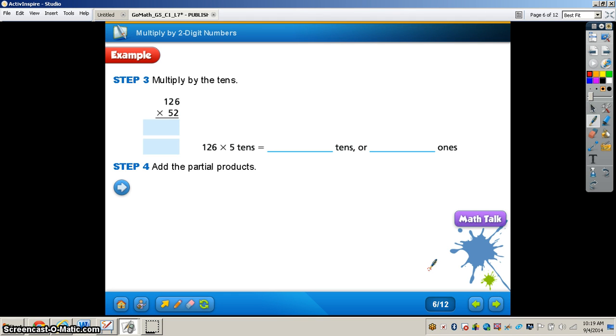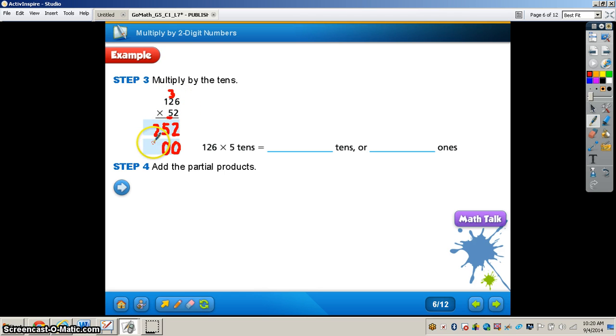Now what we need to do is multiply by the tens. So we already have 252 from our ones. Now we need to multiply by the tens. We're going to put a 0 down here before we start multiplying. Why are we doing that? Because that 5 is actually not a 5, that's actually a 50. So the 5, we're going to multiply that. 5 times 6 gives me 30. Put a 0 in the ones place, carry the 3 over. 5 times 2 gives me 10.